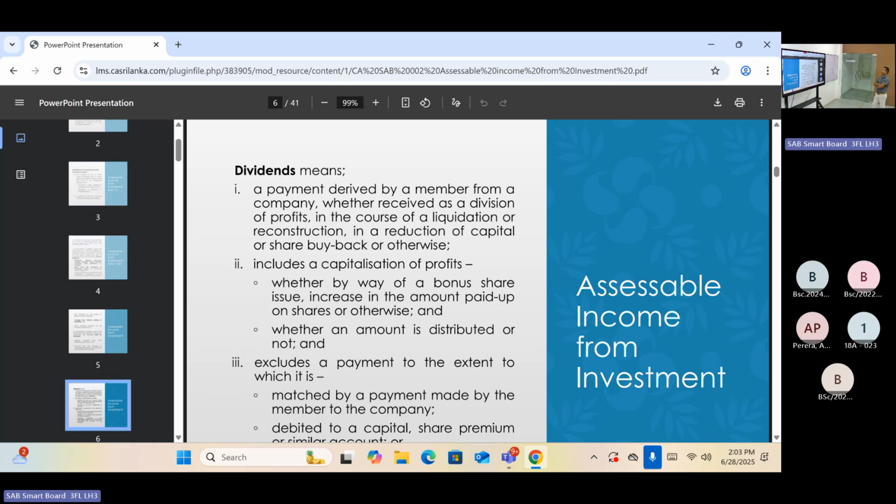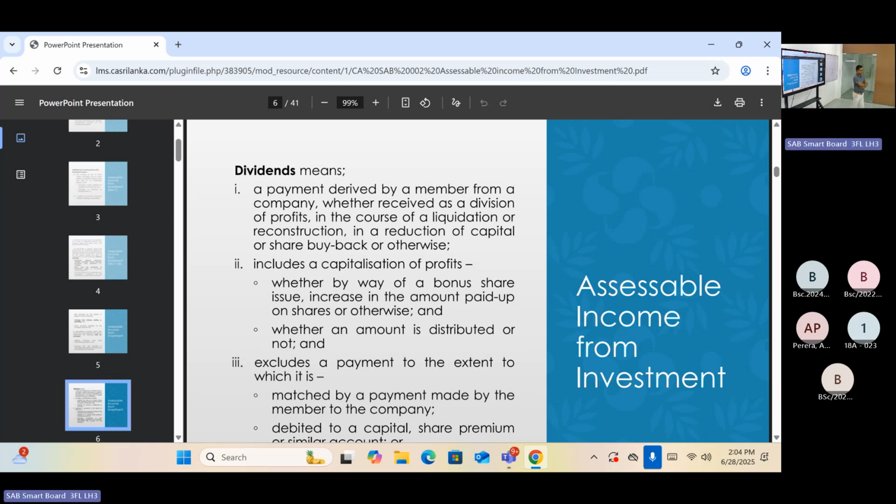Or whether received as a division of profit in the course of a liquidation or reconstruction. In the liquidation or the reconstruction, if it is a division of profit, that is also treated as dividend. In a realization of capital, a reduction of capital or share buyback or otherwise, in that context also, if there is a division of profit, that is also treated as dividend for tax.